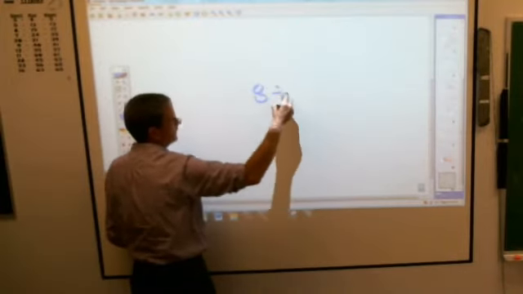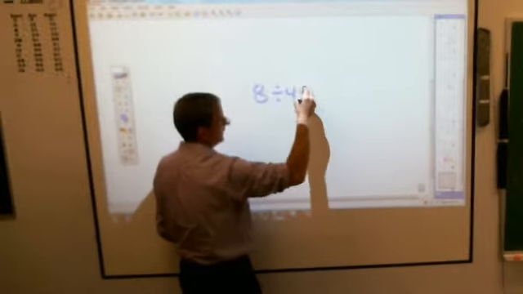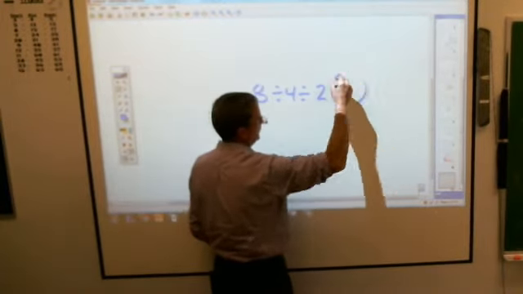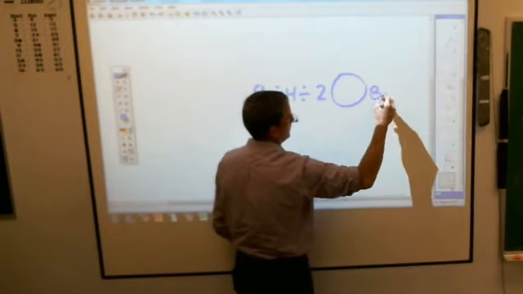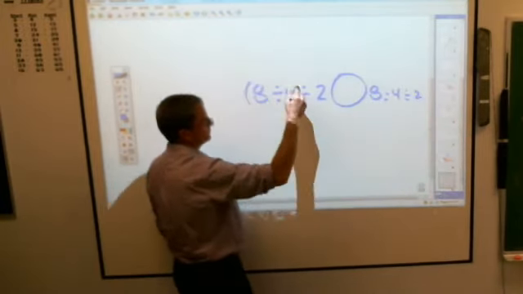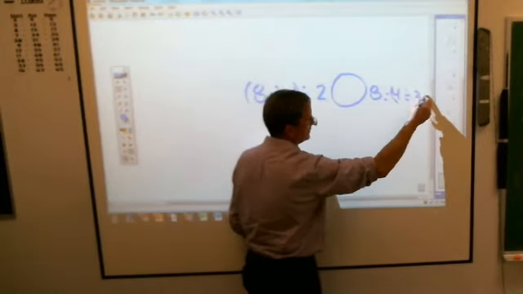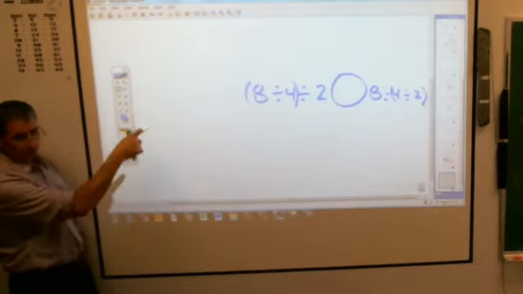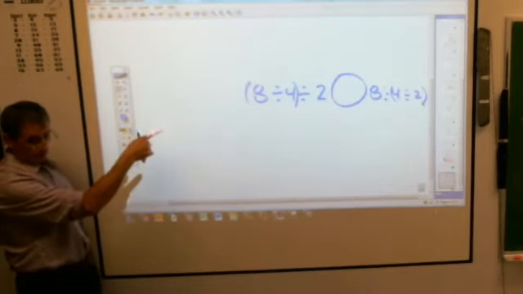But they're going to do this. 8 divided by 4 divided by 2. And I want to compare that to 8 divided by 4 divided by 2. Put parentheses around it, parentheses around it. If you see a problem like this come up in your book, you have to write the problem down, just like it appears in your book.